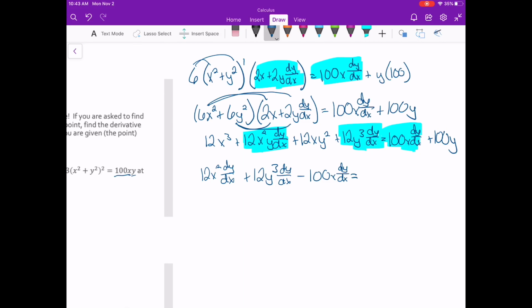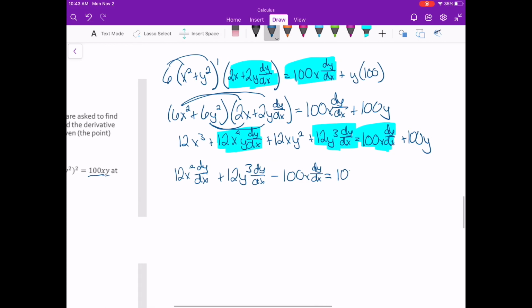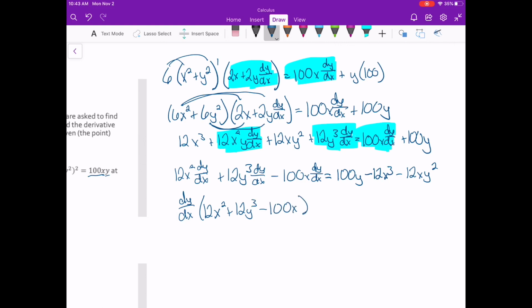And then on the other side, I have my 100y, and I'm going to subtract the 12x cubed and subtract the 12xy squared. On the left side, I'm going to factor out a dy dx, 12x squared plus 12y cubed minus 100x equals that 100y minus 12x cubed, 12xy squared.